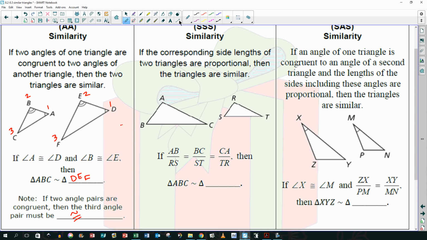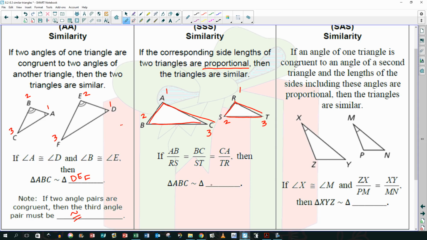All right, if the corresponding sides are proportional, so if I go 1, 2, 3, 1, 2, 3, AB goes with RS, BC goes with ST, and CA goes with TR.